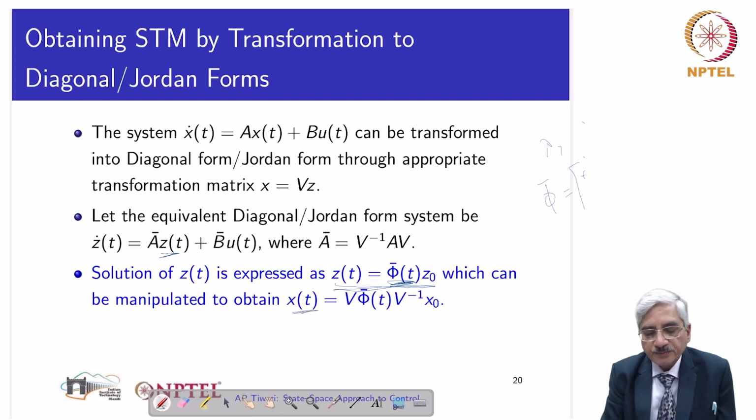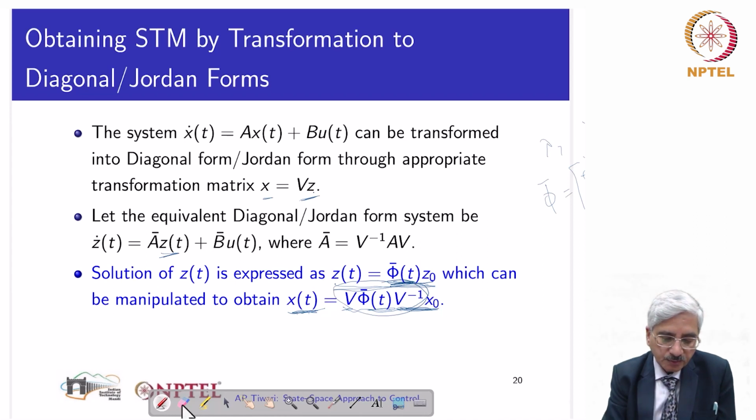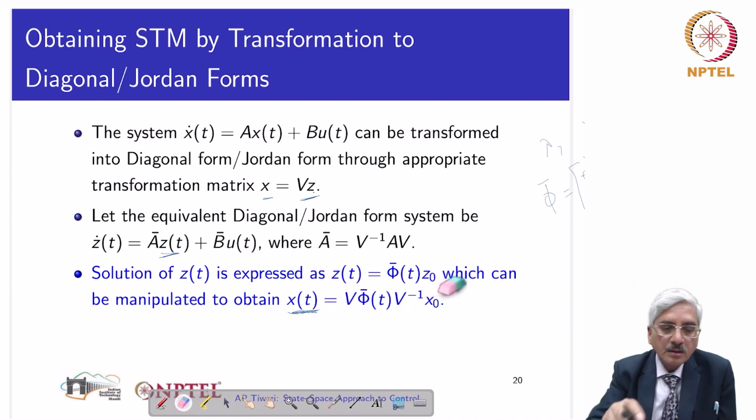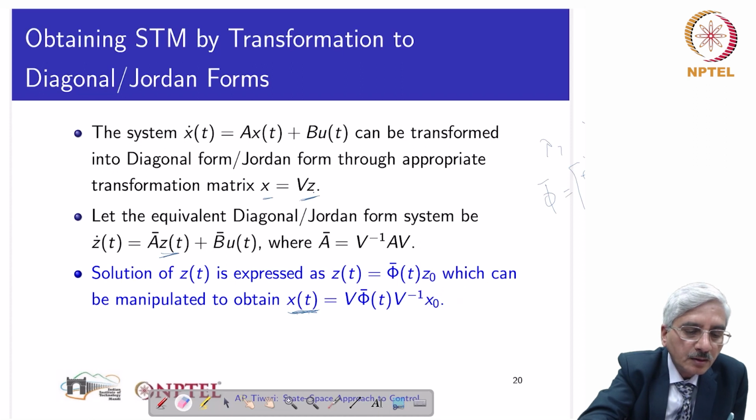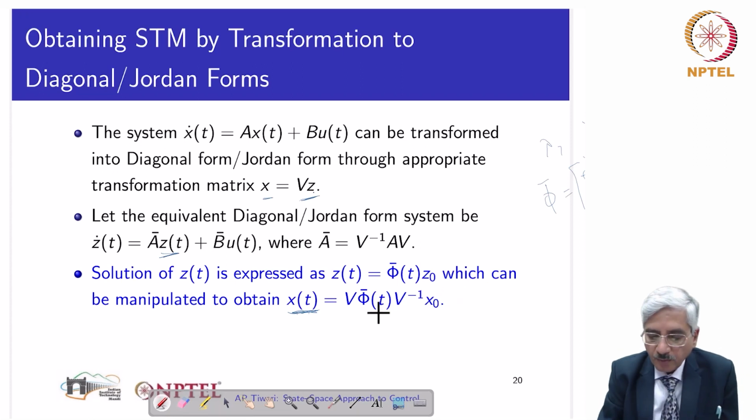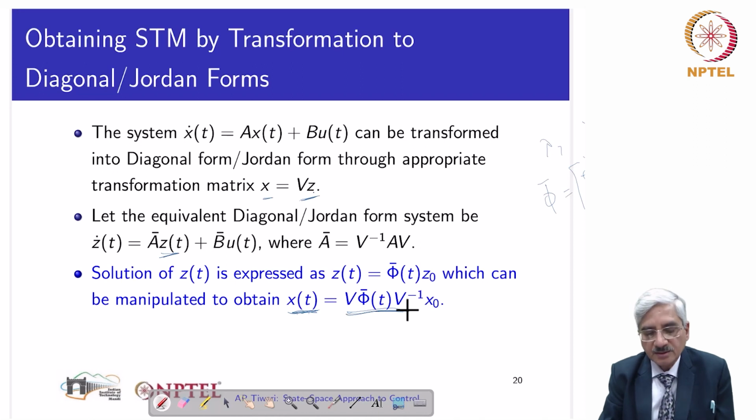So x t will be V times z t, which is V phi bar z 0, and z 0 is V inverse x 0. So x t is V phi bar V inverse into x 0.